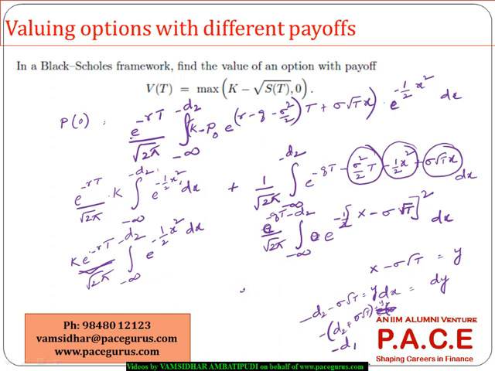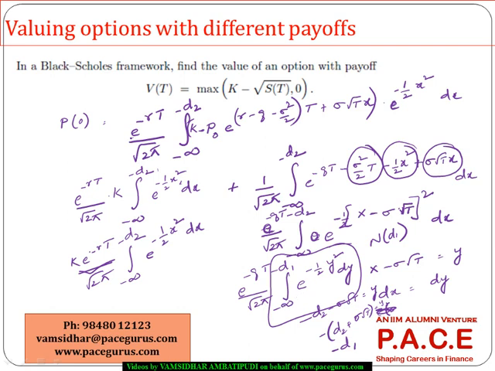So this is actually becoming e power minus qt divided by root 2 pi into the integral from minus infinity to minus d1 of e power minus half y square dy. So this entire thing is becoming N of d1, right?